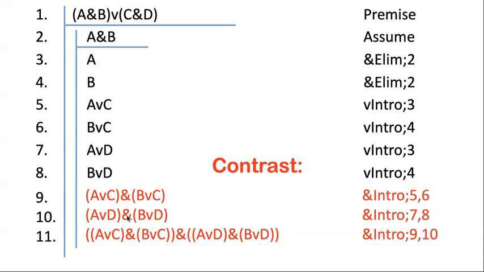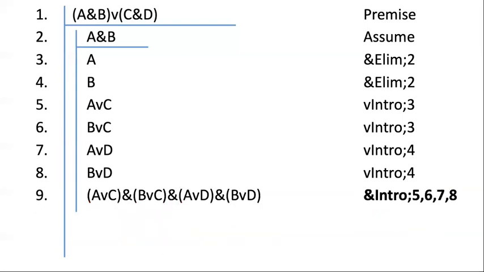And then I build my other one with conjunction intro on 7 and 8. If I put these things together, then that conjunction that I just built is going to be the main connective. So depending upon how the associativity grouping is, that tells you whether you assemble it in multiple steps or whether you assemble it all at once. And given that our conclusion here was a bunch of coordinate conjunctions, all of the same scoping, that's why I did it all at once.